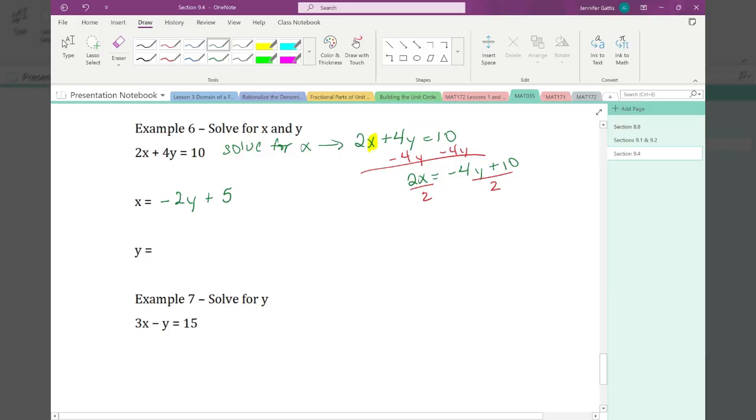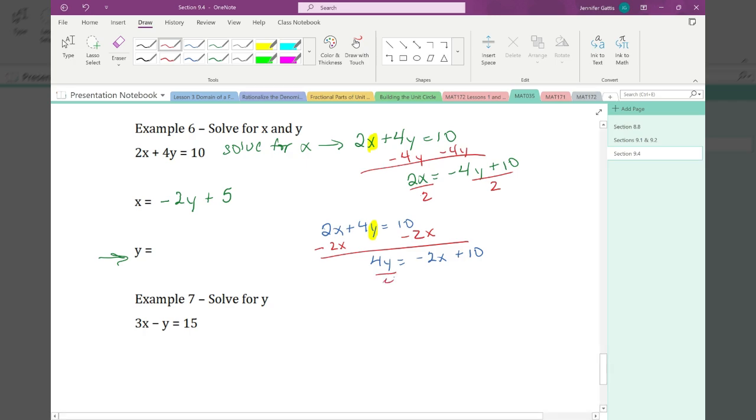All right, so take a minute and let me know what y equals. So again, we can start out 2x plus 4y is equal to 10. And we are now solving for y. We want to isolate that. So I'm going to pull away the x term, which leaves us with 4y is equal to negative 2x plus 10.